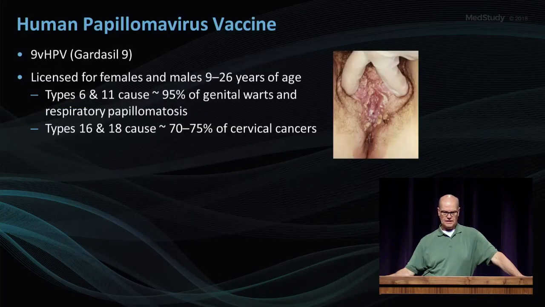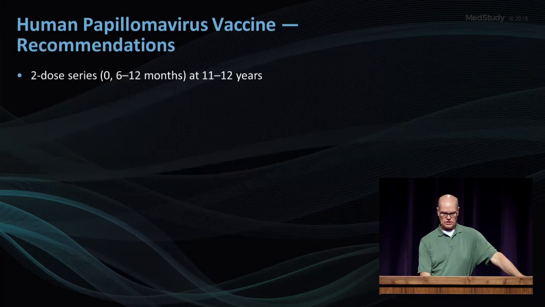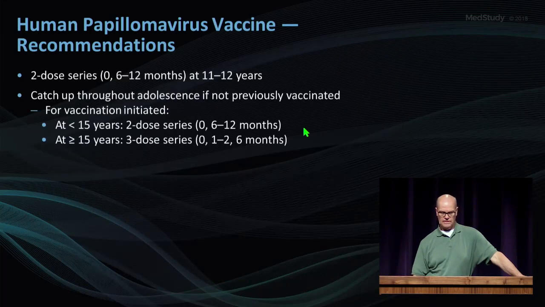So we talked about the HPV vaccine when we did adolescent medicine, so I'm not going to go through it in any greater detail, except to remind you that the total number of vaccine doses depends upon the age at which the individual begins his or her vaccination series, routinely recommended at the 11 to 12-year-old visit.